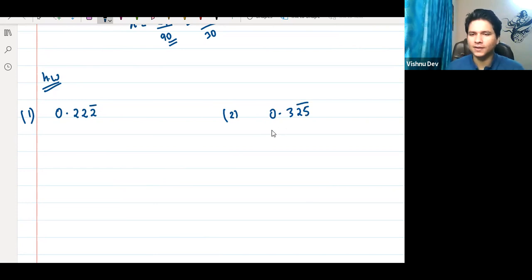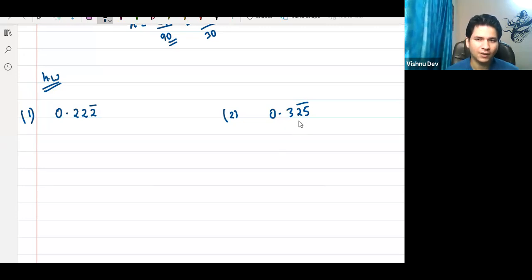Now tell me, how many digits are repeating? Question number 2. Aditya, Nabil, question number 2. How many digits are repeating? 2. But in order to have a recurring decimal, you should multiply by which number?